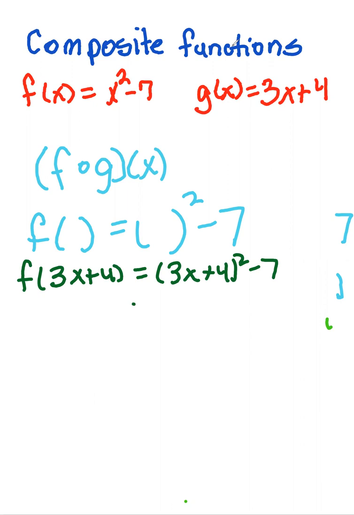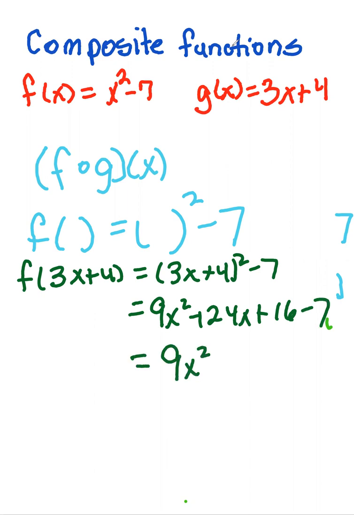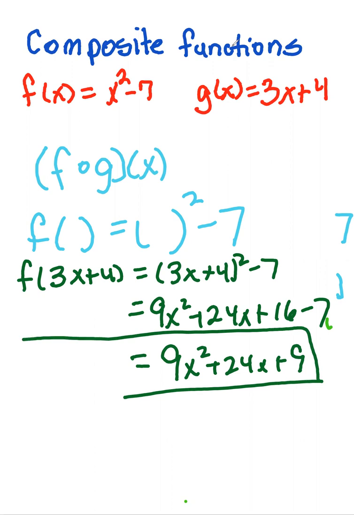So square the problem out. (3x plus 4) squared would be 9x squared plus 24x plus 16 minus 7. And then combine your like terms. And then that would be the value of the function f of g of x.